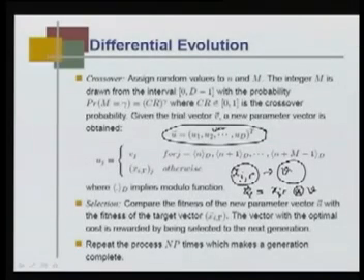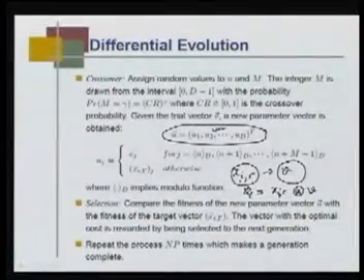So, unlike the selection that we did for genetic algorithm or for univariate marginal distribution, here the selection is not the comparison among all the parameter vectors, but a comparison between the target vector, the parameter vector from the population, and the corresponding new vector u generated by making the crossover between the target vector and the corresponding trial vector.